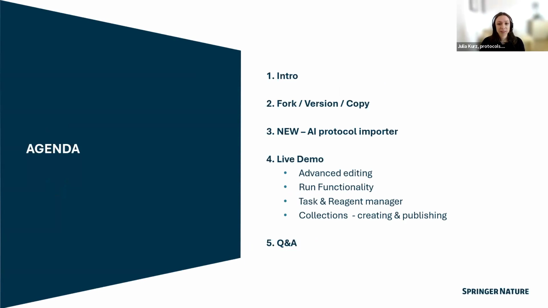This is something that makes it a lot easier to import protocols to the platform that you might already have drafted in Word or PDF format, and it's available for everyone to use. And then I'll jump into the live demo. So we'll go on to protocols.io and I'll go into things like advanced protocol editing, showing the run functionality, task reagent manager, as well as how to create and publish collections.